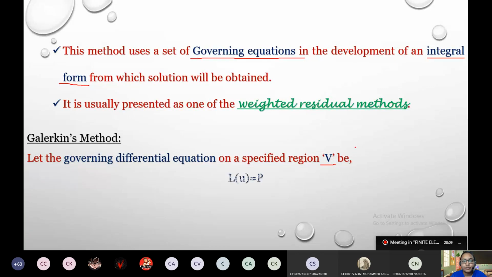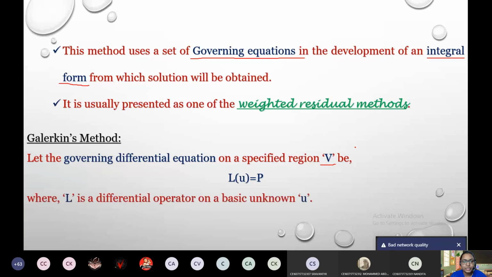Let that governing differential equation be L of U is equal to P. Here, it can be anything: A of U is equal to B or B of U is equal to C. Generally, when the Galerkin method was mentioned, it was shown as L of U is equal to P. L is the differential operator of the basic unknown U here.